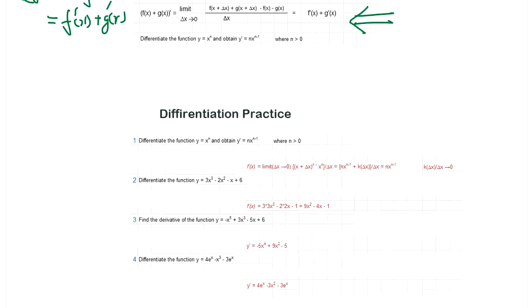Okay, differentiation practice. Now I really want to go through this section with you, but the video is going to be too long, so you have to stop the video and take paper and pencil and go through this. There are 4 practice problems. And it's okay to finish this video taking 2 weeks.